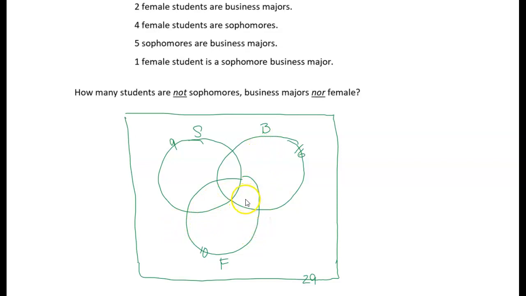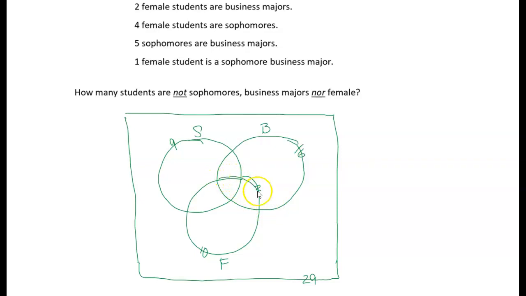Now, some of those 2 people might also be in the sophomore category, but we're not given anything about sophomore. We only know that there are 2 people who are female and business majors. So again, I'm going to write it on the line because I really don't know how to break it up.